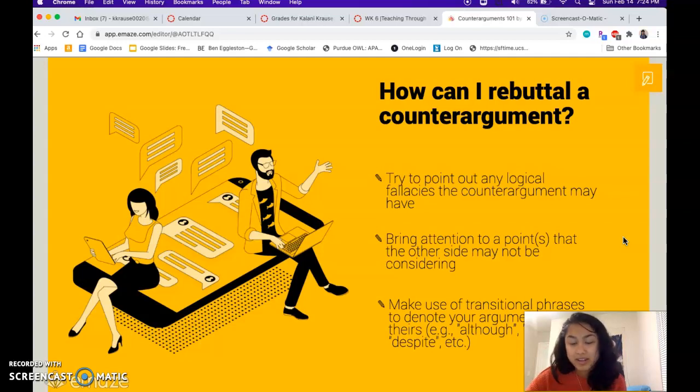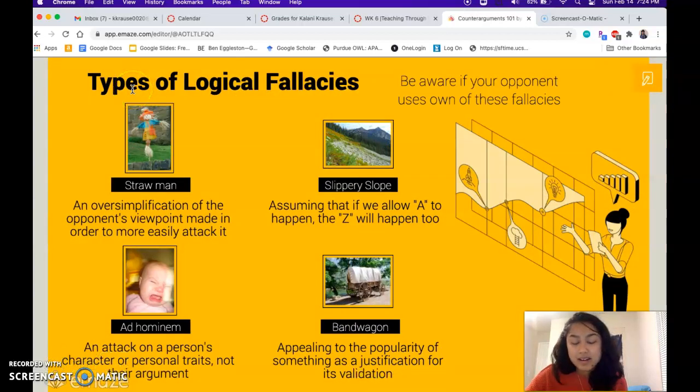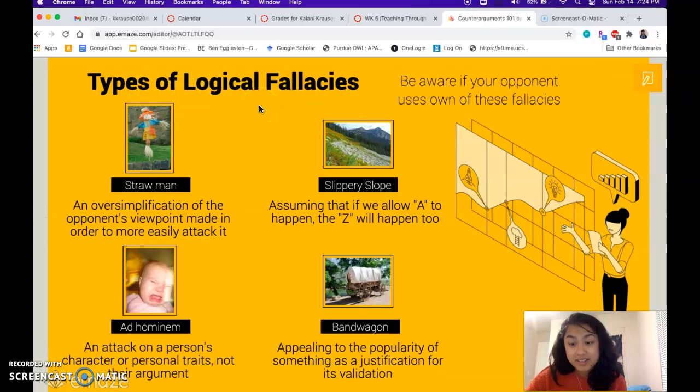You want to be as clear and concise as possible. So going back to logical fallacies, these are the easiest counterarguments to rebut because, as the title says, they are fallacies.